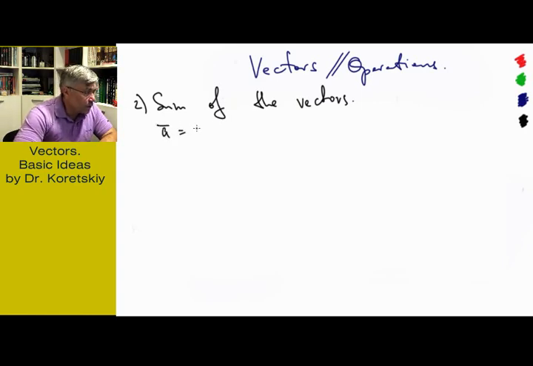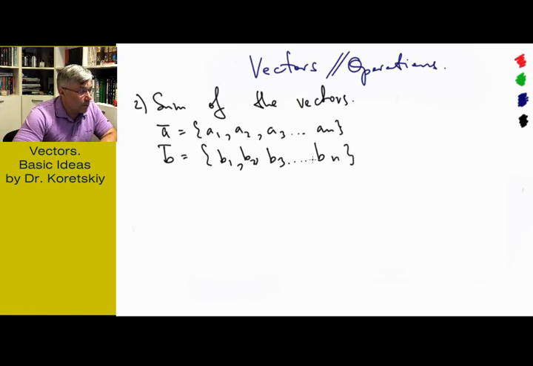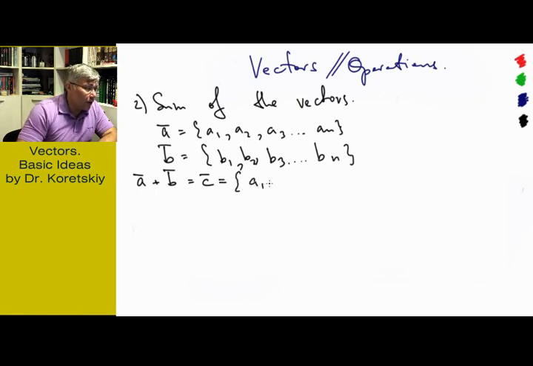So if vector A has components a1, a2, a3, an, and vector B has b1, b2, b3, bn components, addition of two vectors gives a new vector C, whose components are a1 plus b1, a2 plus b2, and so on up to an plus bn.